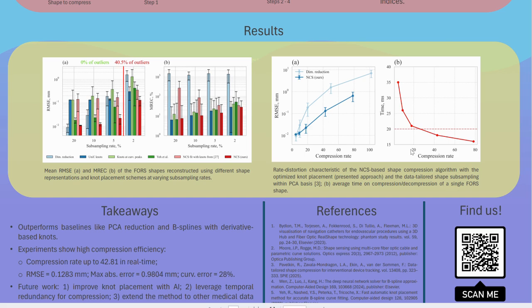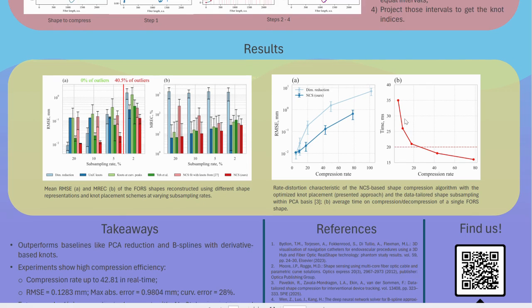Having more nodes, so lower compression, we need more time to process the signal because we have more nodes to deal with, more nodes to build spline approximation. And vice versa, having fewer nodes, it gives us higher error, so it's a trade-off, but we're able to work in a real-time regime then.